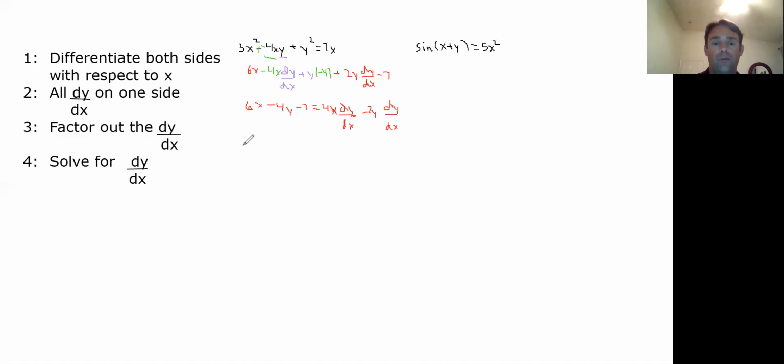So we're going to factor out our dy dx there. 6x minus 4y minus 7 equals dy dx. And again, if all your terms have opposite signs of my terms, that is totally okay. This means you moved your dy dx's to the other side. And then when I divide, 6x minus 4y minus 7 all over 4x minus 2y.